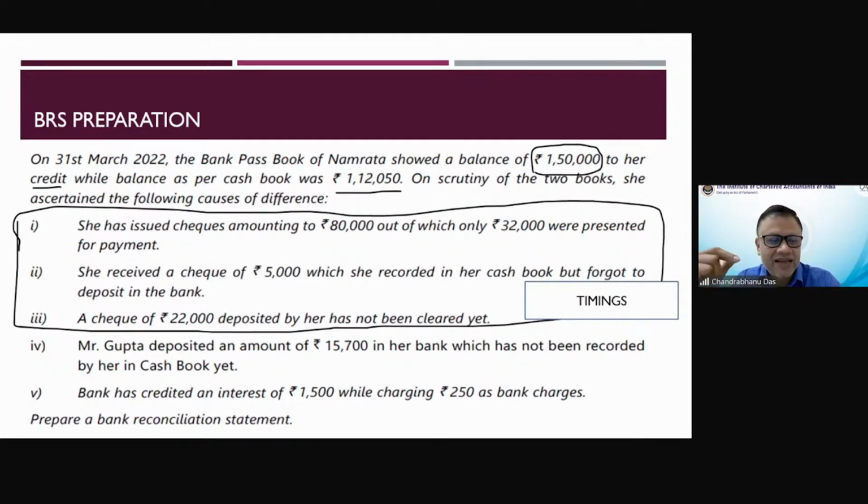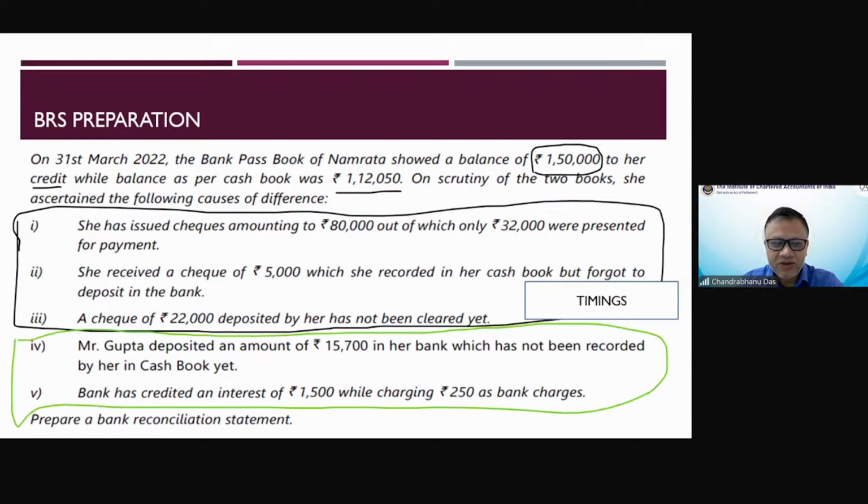Now coming to the next one, you see Mr. Gupta deposited an amount of 15,700 in the bank, which has not been recorded by her in the cash book. So they have deposited the amount in the bank, but that information has not been passed on to the cash book.